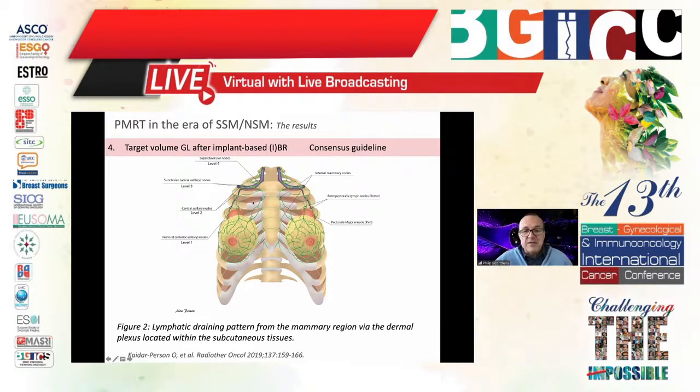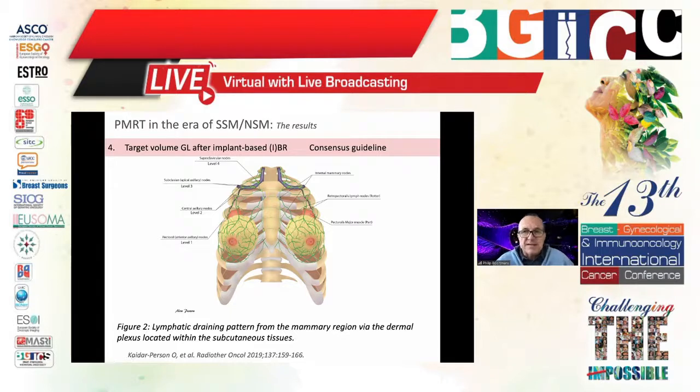This is the lymphatic drainage pattern. So the breast drains primarily via the axillary lymph nodes, level 1, level 3, level 4, the internal mammary lymph nodes. The internal mammary lymph node involvement depends on the extent of axillary nodal involvement and on the position of the primary tumor.